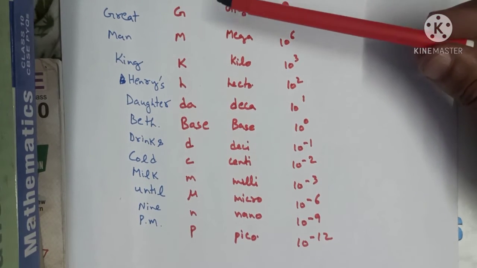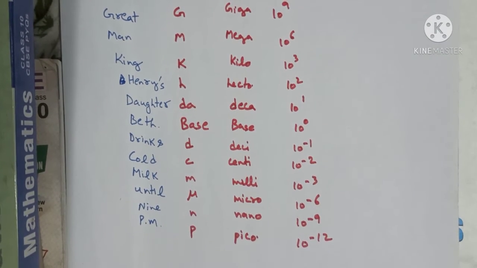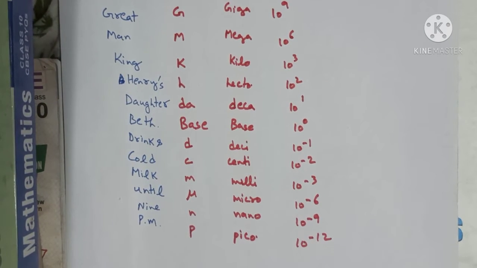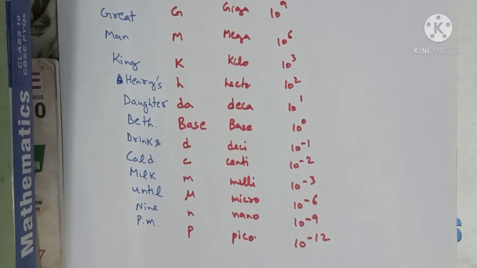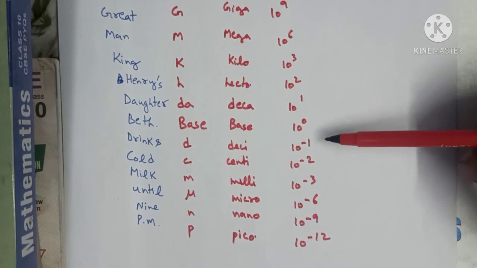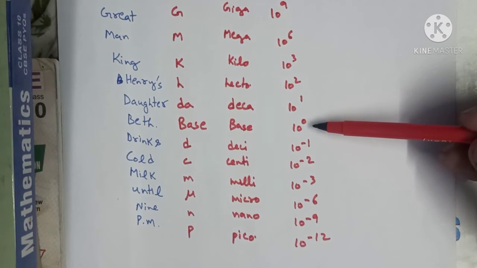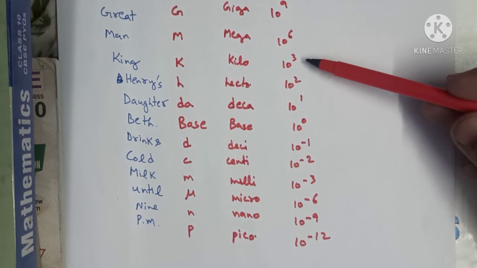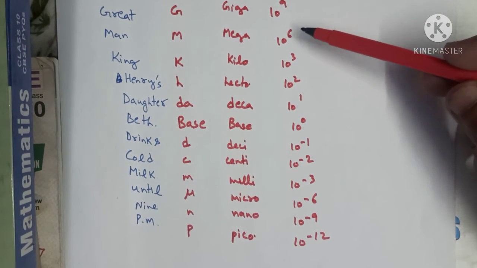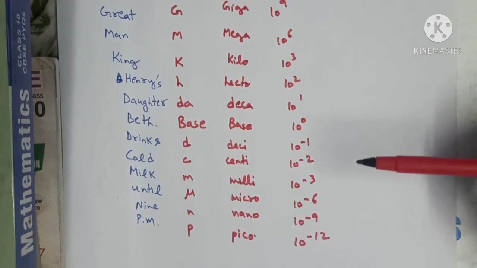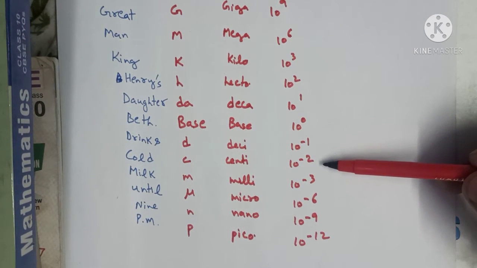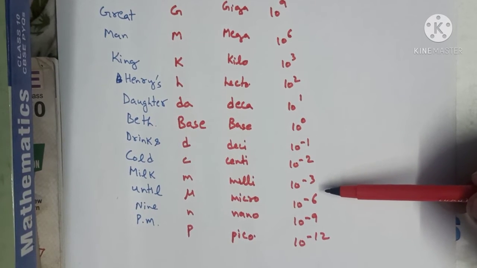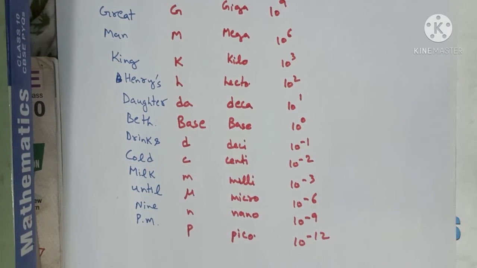The great man, King Henry's daughter, Beth drinks cold milk until 9 p.m. And then base is 10 to the power 0, deca is 10 to the power 1, Henry is 10 to the power 2, king is 10 to the power 3 kilo, mega 10 to the power 6, giga 10 to the power 9, tera 10 to the power 12, deci 10 to the power minus 1, centi 10 to the power minus 2, milli 10 to the power minus 3, micro 10 to the power minus 6, nano 10 to the power minus 9, and pico is 10 to the power minus 12.